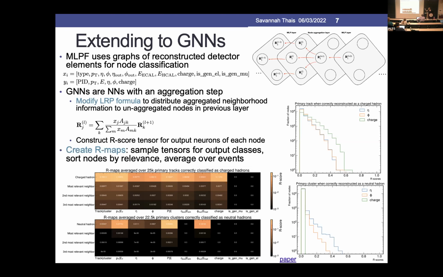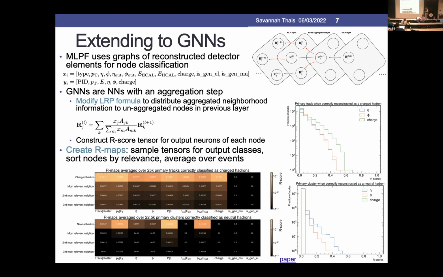And so you can modify this layer-wise propagation formula to accommodate the aggregation step. That basically is the difference between graph neural networks and standard neural networks. So you just modify this relevance propagation formula to distribute the aggregated neighborhood information to the unaggregated nodes in the previous layer of your graph neural network.